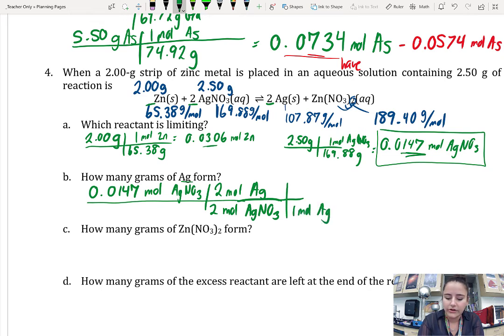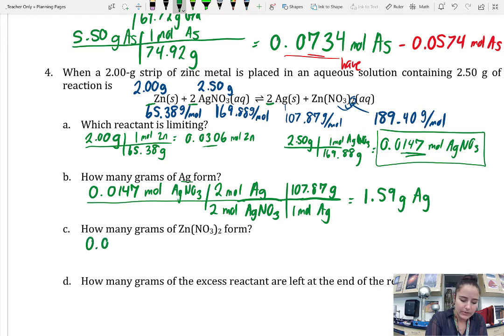And 1 mole of silver has a mass of 107.87 grams. So 0.0147 times 107.87 times 2/2, and so I will get 1.59 grams of silver.